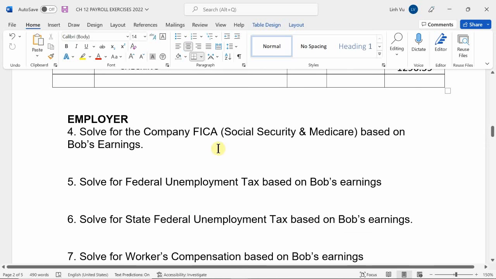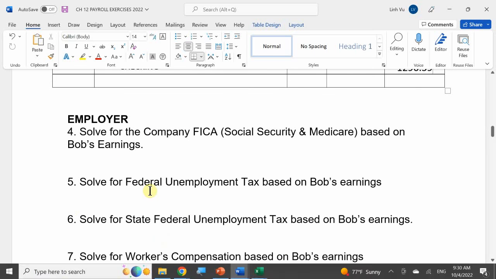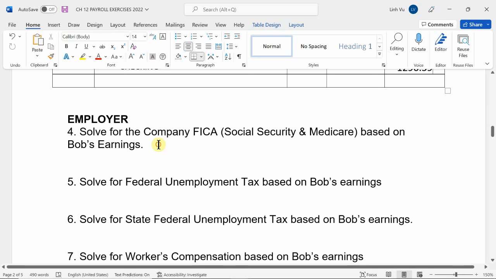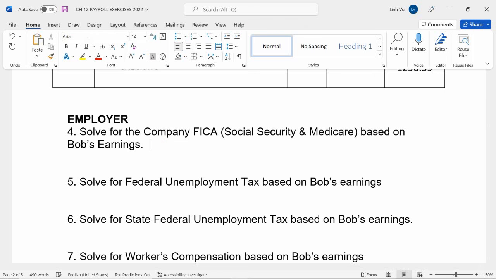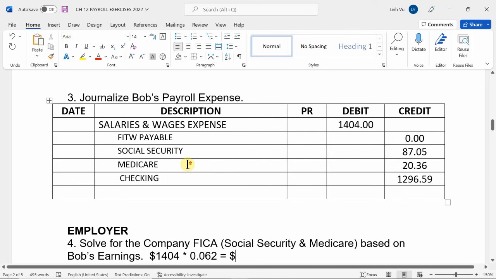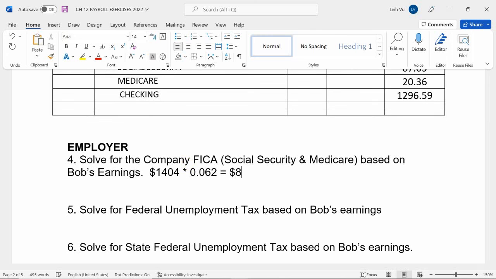Solve for the company's FICA, Social Security, and Medicare based on Bob's earnings. So since we said Social Security and Medicare is 6.2%, right? Which we already solved to be how much? How much was his Social Security? 87.05.